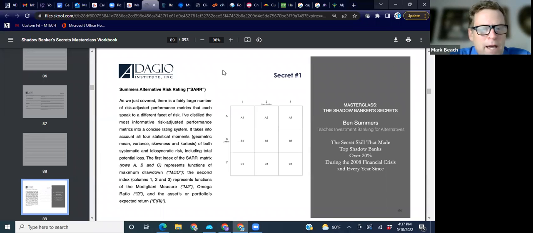But the fact of the matter is if you've got enough data and you're using the proper risk-adjusted performance measures to analyze that data, you can get down to a pretty decent estimation of what your expected return is going to be adjusted for risk. And that's really what Ben's mission or message is. He's basically saying, hey, once you apply this properly to an asset or to a portfolio of assets, then your ability to estimate how it will do becomes much more accurate.